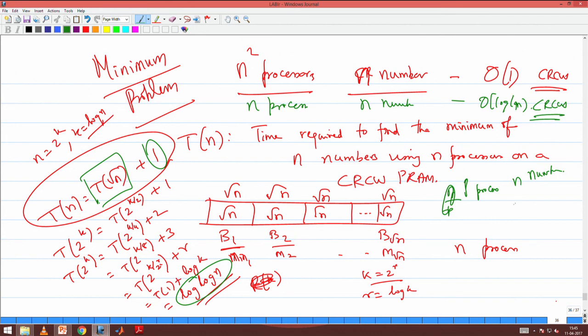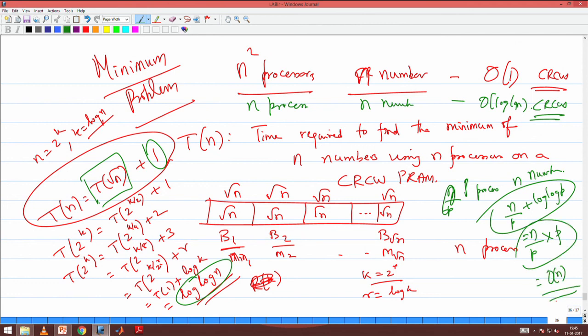I will take the minimum of n by p numbers in each group, then I will have p elements and p processors. If I have p elements and p processors, it will take log log p, right? So n by p plus log log p. Since p is very much less than n, log log p is still very much less than n by p. So this is equal to n by p into p processors, I will get order n. So I can use the same Brent's technique to show that I can get an optimal algorithm.